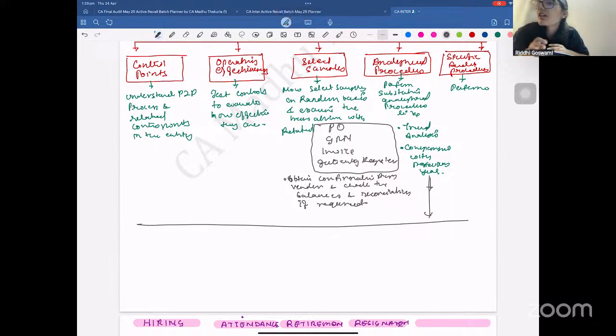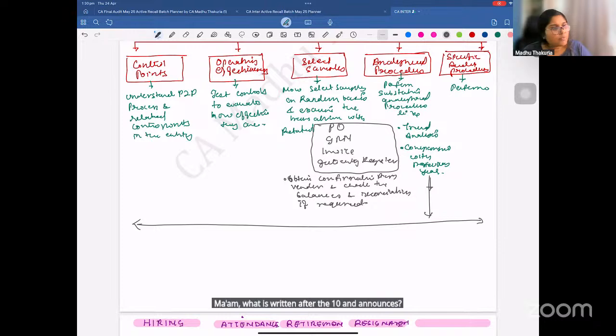Ma'am, what is written after the trend analysis? Which one? An analytical procedure? No, trend analysis and comparison with previous year.